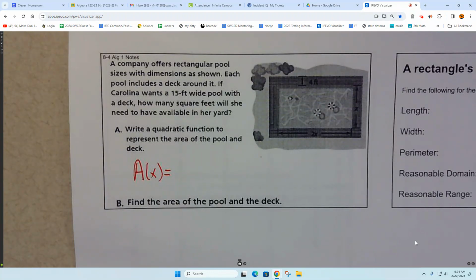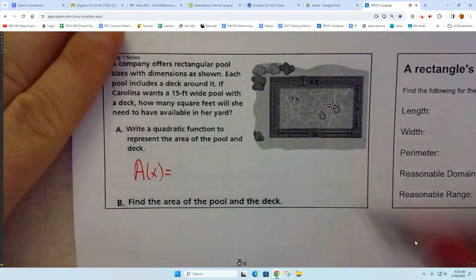All of it. If you want to put this in your yard, you can't say I want the pool the size of the yard. Why not? Because you have to have a deck, right? How do you get in the pool? You couldn't. Okay, so you have to figure out the whole thing. So we have to figure out how big is this whole thing.